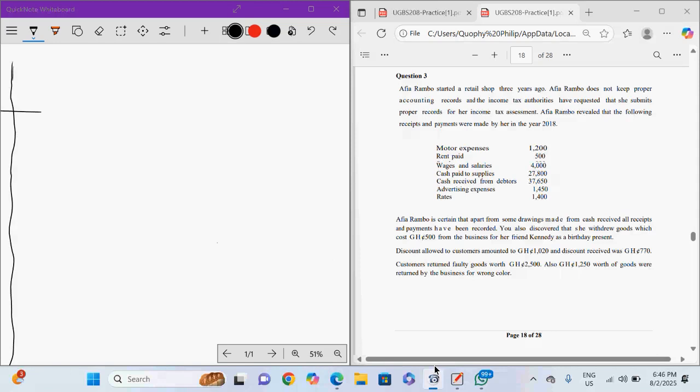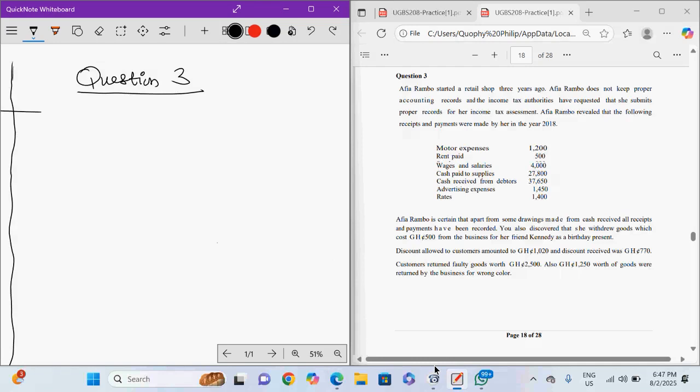Ancome started a retail shop 3 years ago. Ancome does not keep proper accounting records, and the income tax authorities have requested that she submit proper records for her income tax assessment.